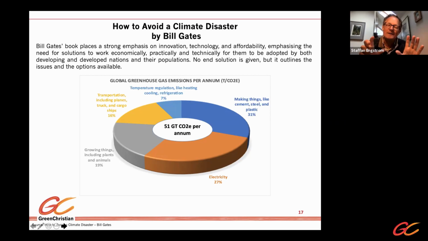So the first one is, he's got back to an annualized gigatons. Whereas the last people had 1,500 gigatons needing to be saved over 30 years, he's saying 51 gigatons is what has got to be reduced for the world. And remember, we talked about the UK being 0.5 gigatons.